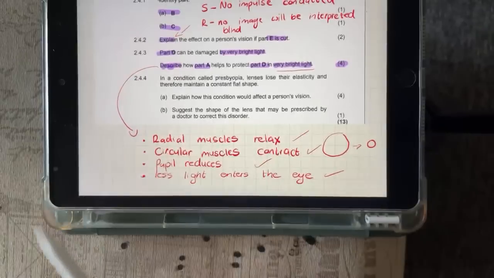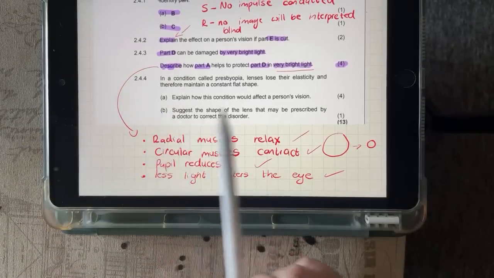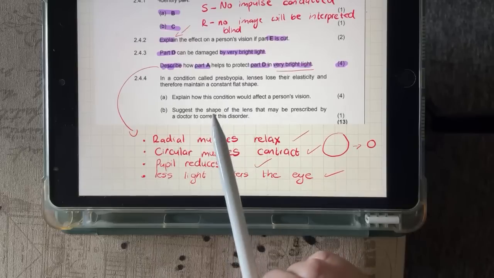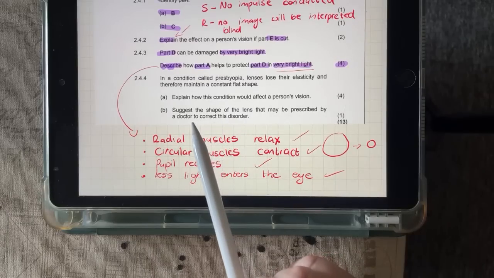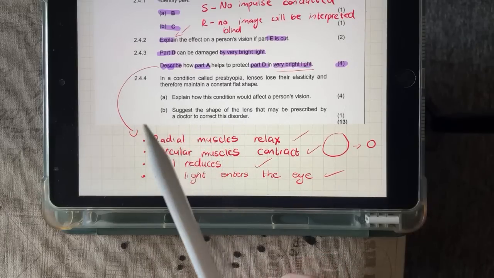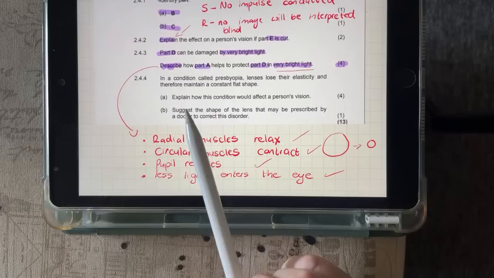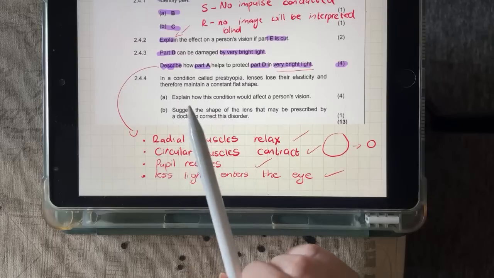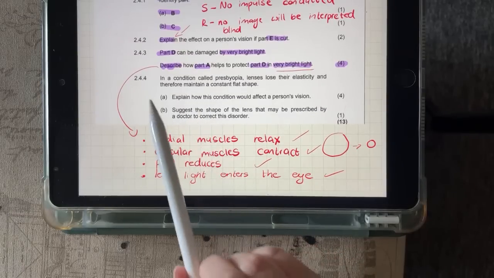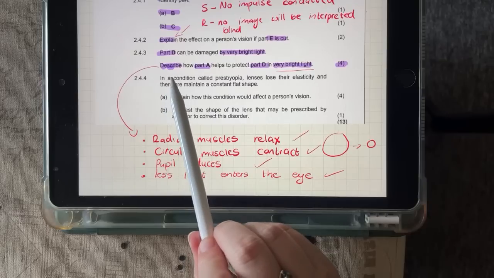Okay, next question. It says 2.4.4, and I really like this question because I feel like a lot of you would have struggled with it. And so that's always what I choose, is I like to choose challenging questions that you might see tomorrow. And they do like to ask condition questions.